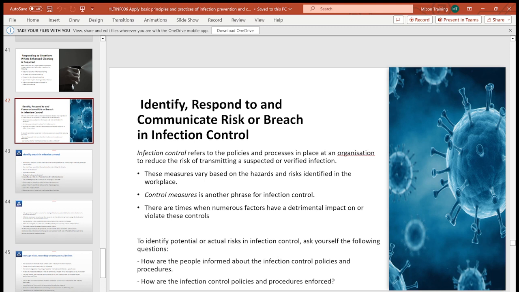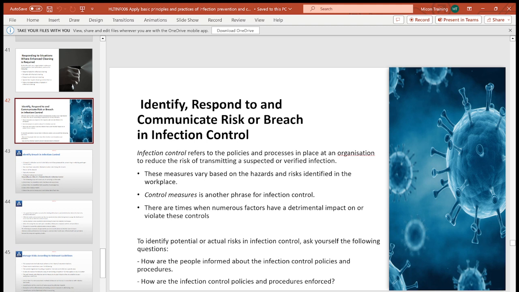So infection control is a very major thing due to the immune system of the people in our care. So we have to always treat this as a very high risk, and instantly we need to provide control measures that can really help to reduce these infections.